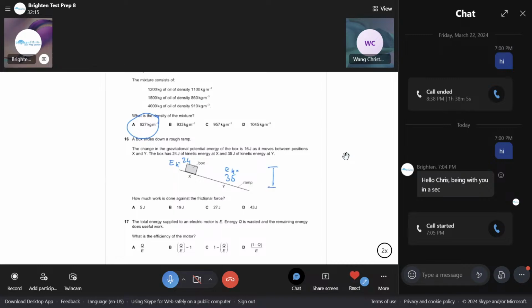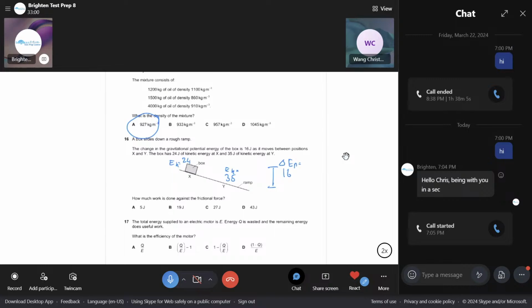And you have a change of potential energy of 16, or delta. So we want to find the final kinetic energy gained. So it's 35 minus 24, and then 16 is the theoretical kinetic energy gained. So 16 minus 9 is 7.